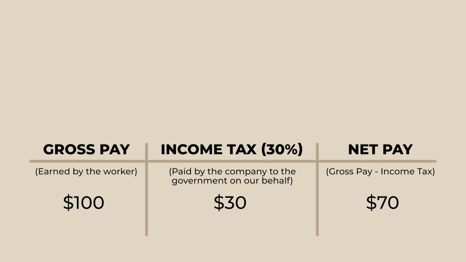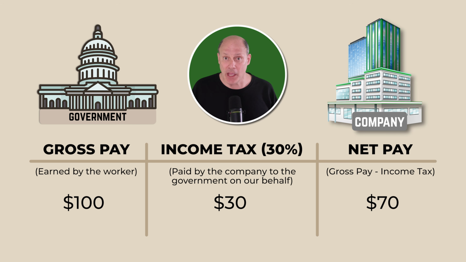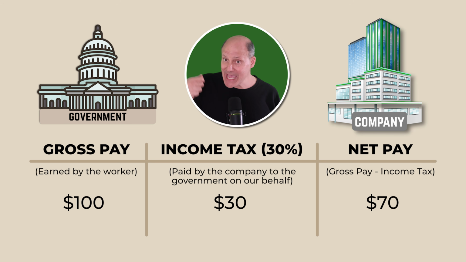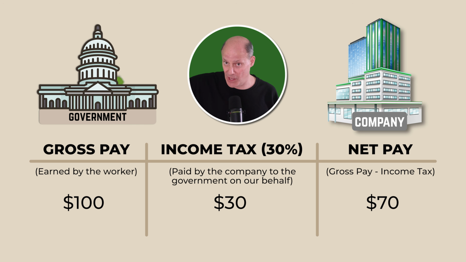Now, how do they help them? Well, if I'm a worker who earned $100, I am legally required to send in a percent of that as my income tax. So let's imagine that's $30 out of the 100. But the law does not say when I get the 100, I have to send in the $30 to the government.